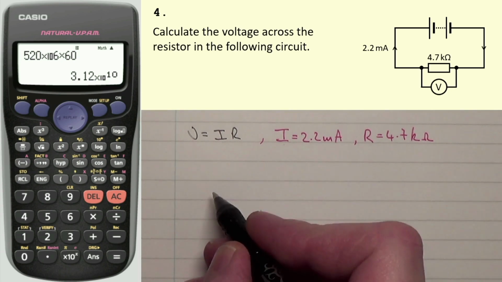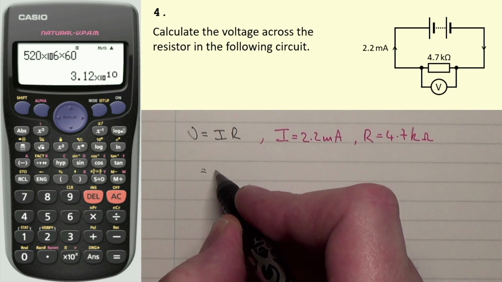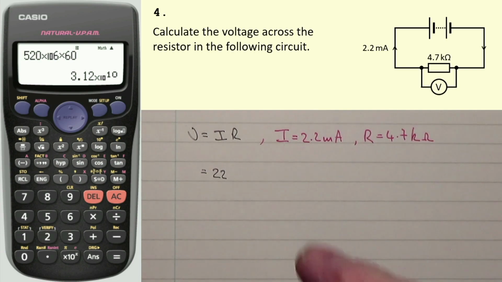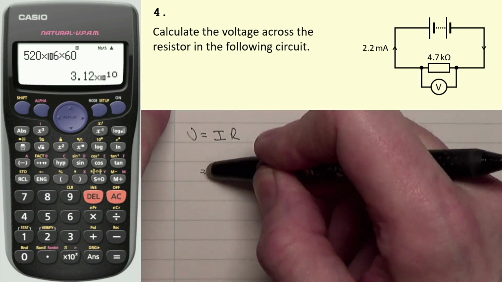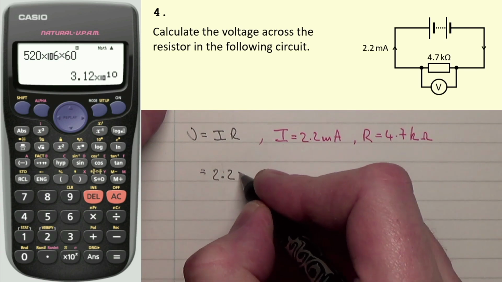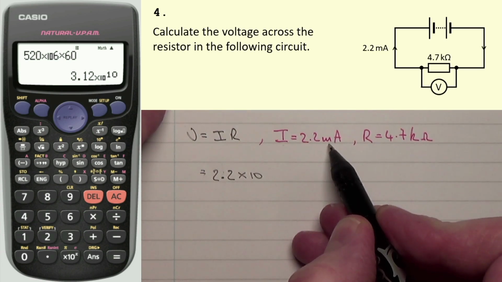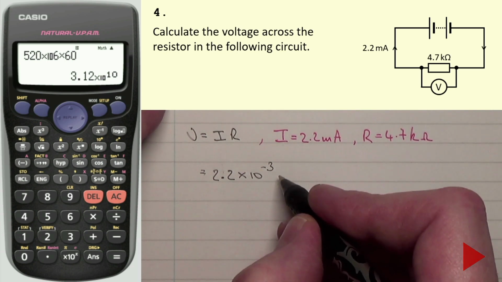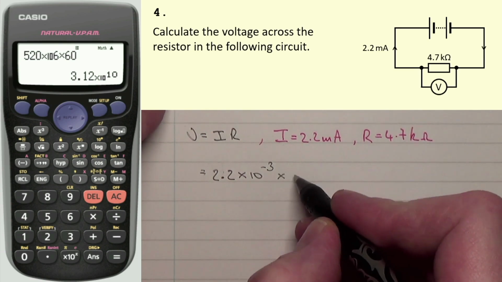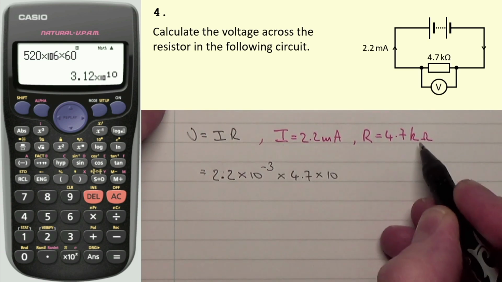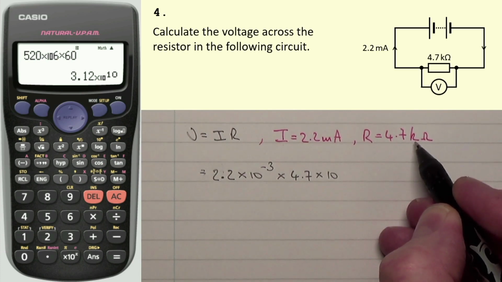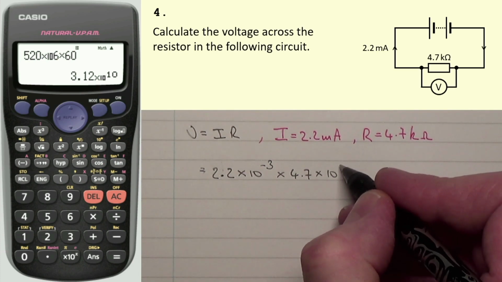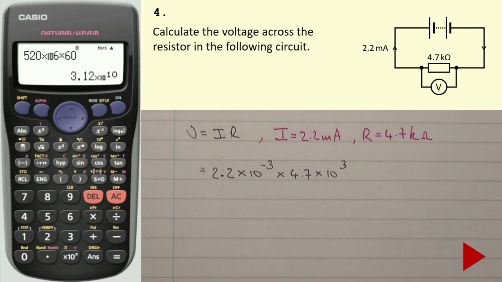So if I had to substitute, then I would have current 2.2 times 10 to the power of, well, it's milli, which is of course times 10 to the power of -3, multiplied by resistance, which is 4.7 times 10 to the power of, well, kilo is of course times 10 to the power of 3. There we have it.